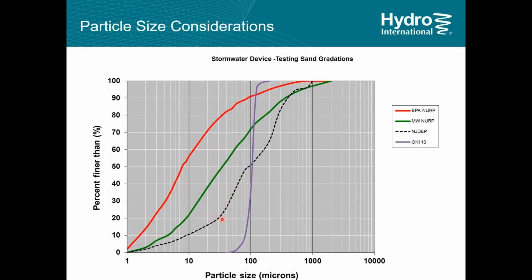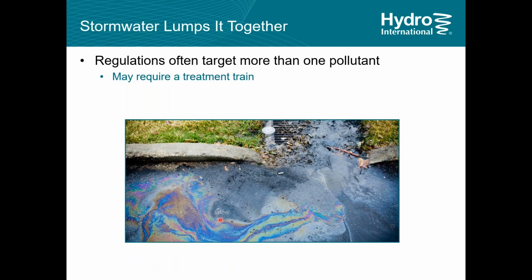If the distribution has a lot of fine material in it, like this is the New Jersey distribution, to get 80% removal, you've got to basically take out everything that's over about 30 microns to get that 80% removal. And again, you're starting to really push into the filtration territory. So the particle size distribution will have a significant impact on the type of equipment that you need for your site.